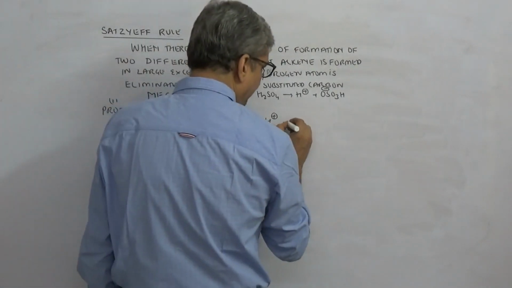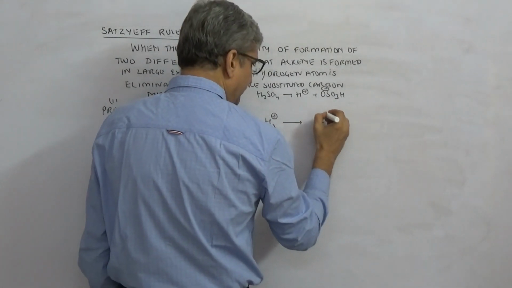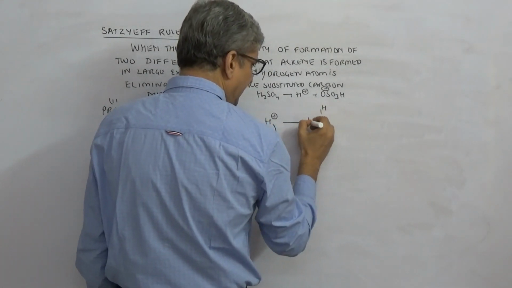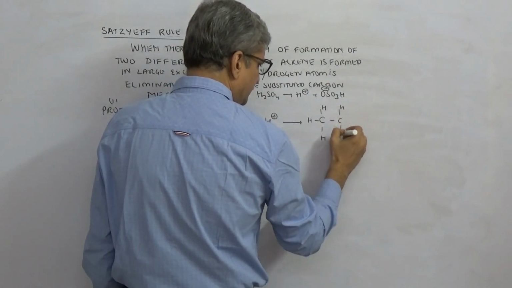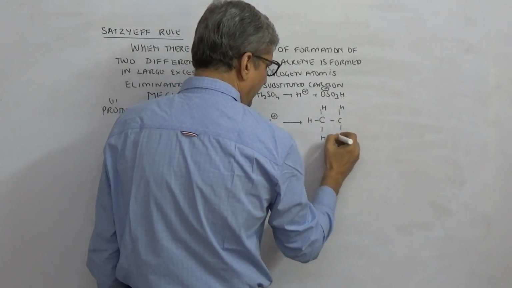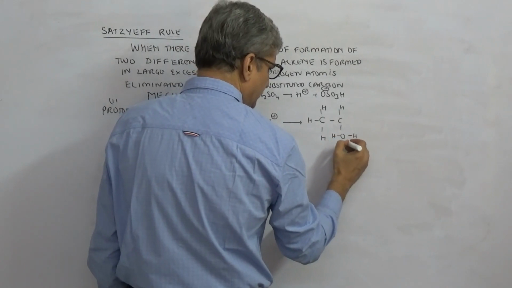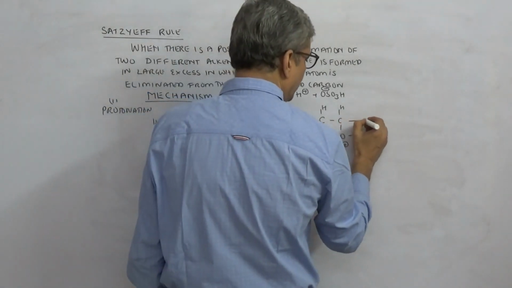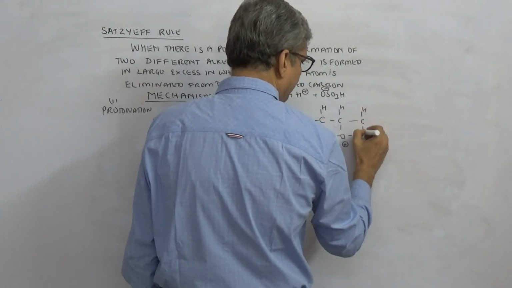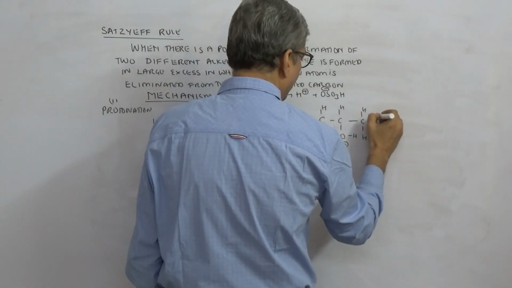So what do you get? You get CH3, CHOH, H plus, and then CH2, and then CH3.